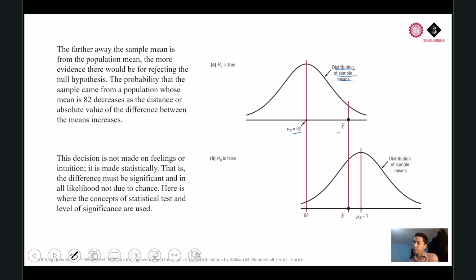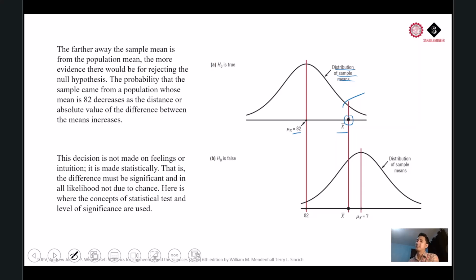And if your one sampled mean, x bar, is situated at a location that is far from the center to the right, then it is not more likely that it is due to chance alone.